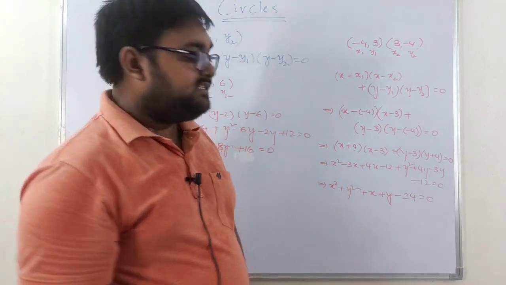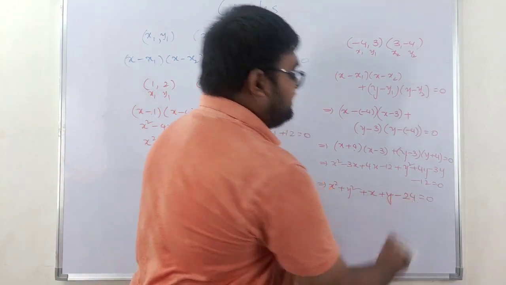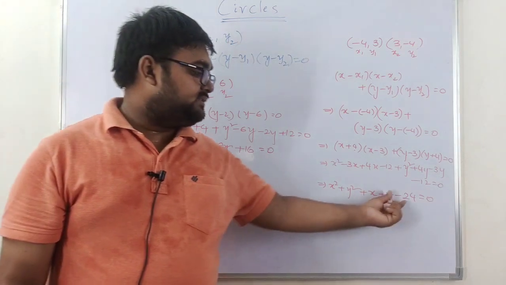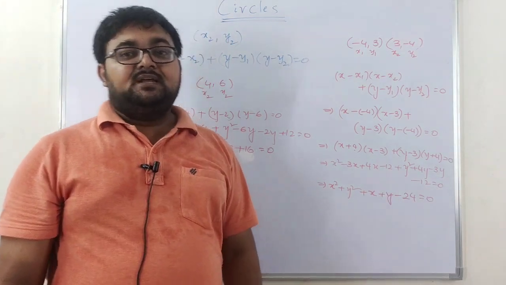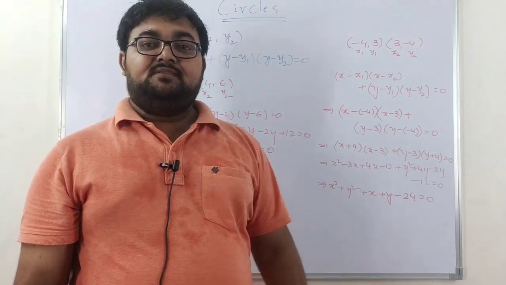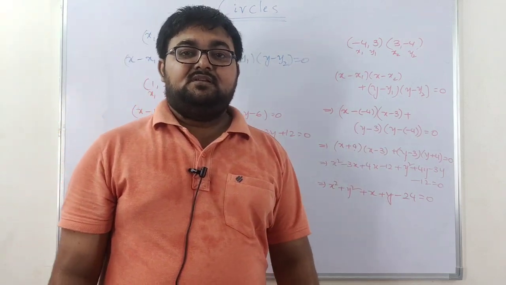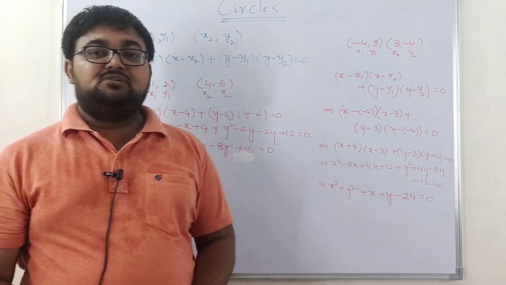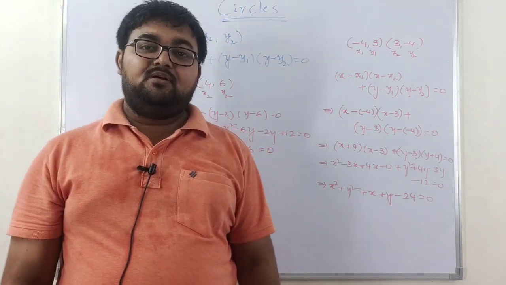So x square plus y square plus x plus y minus 24 equals 0 is the required equation when the extremities of the diameter are given. So you need to remember that formula to solve this particular problem.